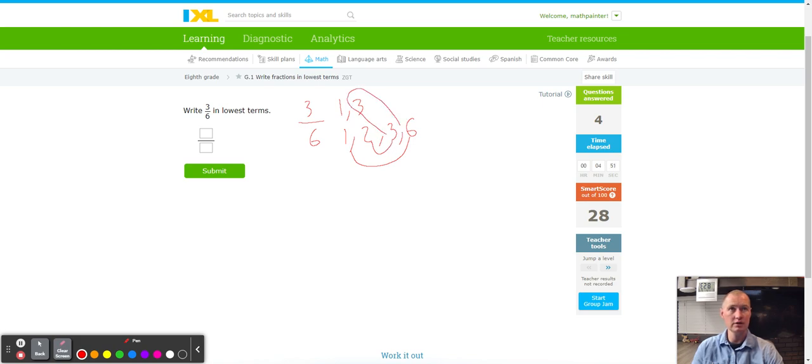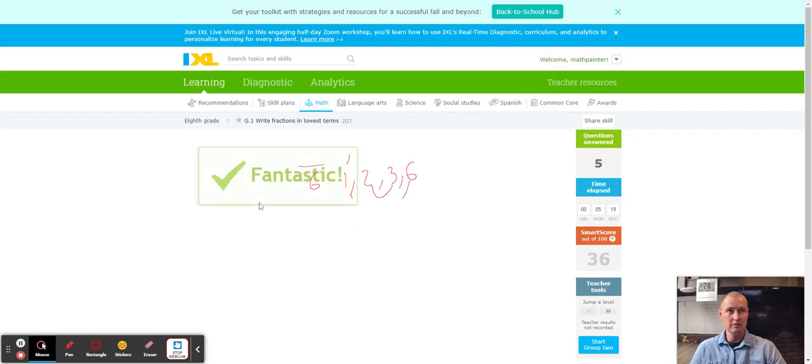Therefore, they both share the largest divisor of 3. So we take 3 over 6 and divide by 3, both top and bottom. Whatever you do at the top, you have to do at the bottom; they have to be the same divisor. 3 divided by 3 is 1, and 6 divided by 3 is 2. So therefore it was 1/2, because literally 3 is half of 6. So 1/2 on that one.